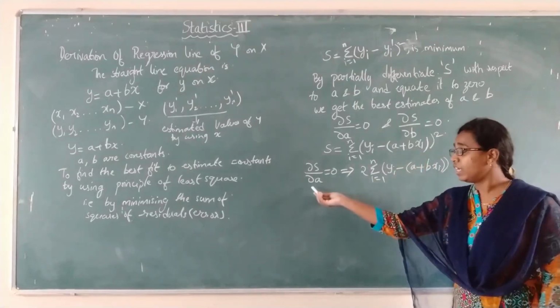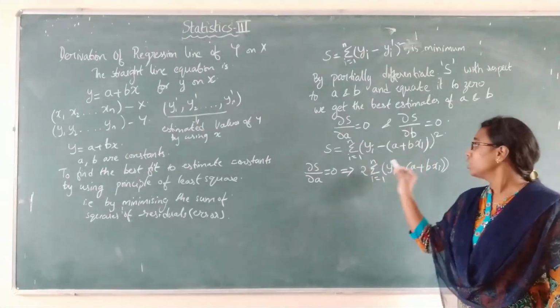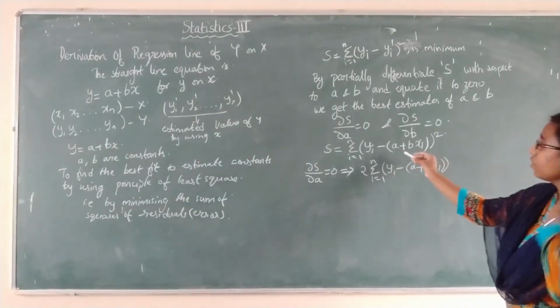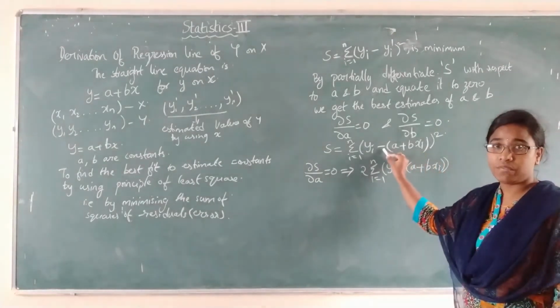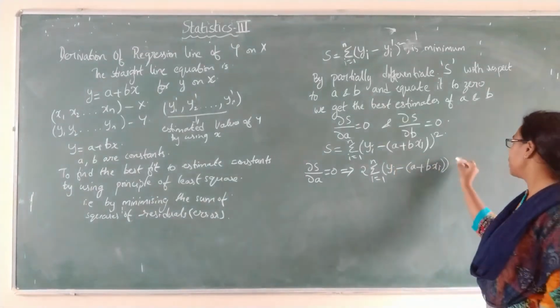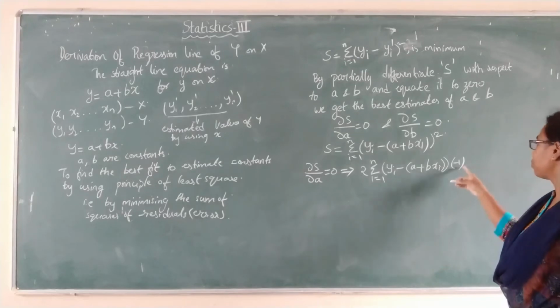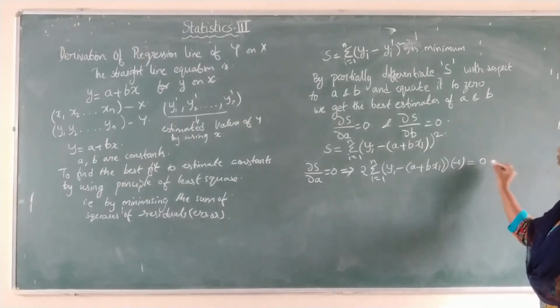We are differentiating with respect to a, so what is the coefficient of a? It is -1. So while doing the inner differentiation, you will get the -1, and equate it to 0.